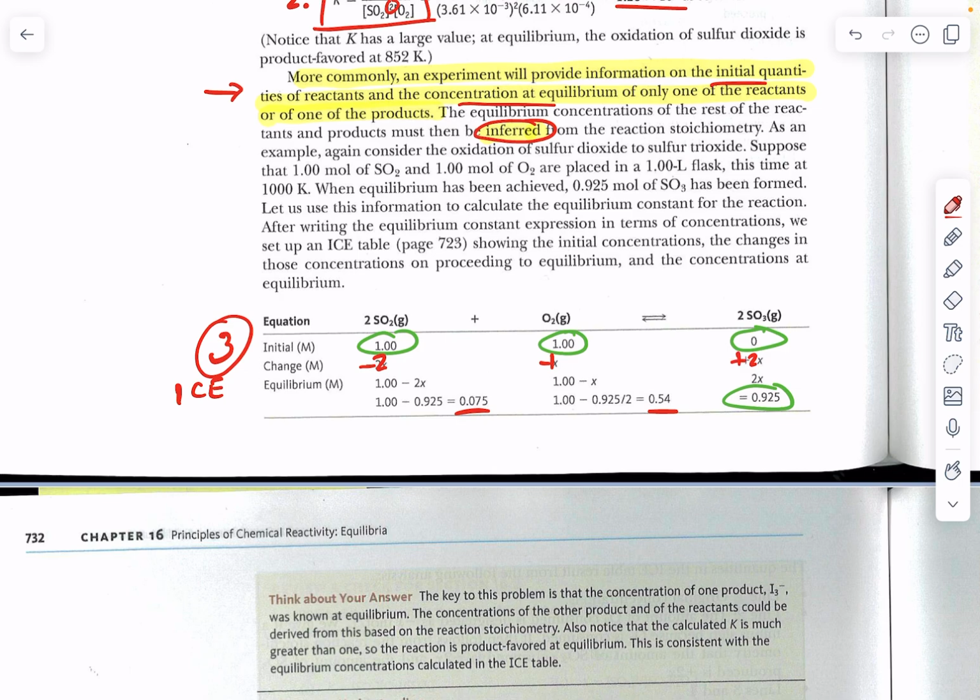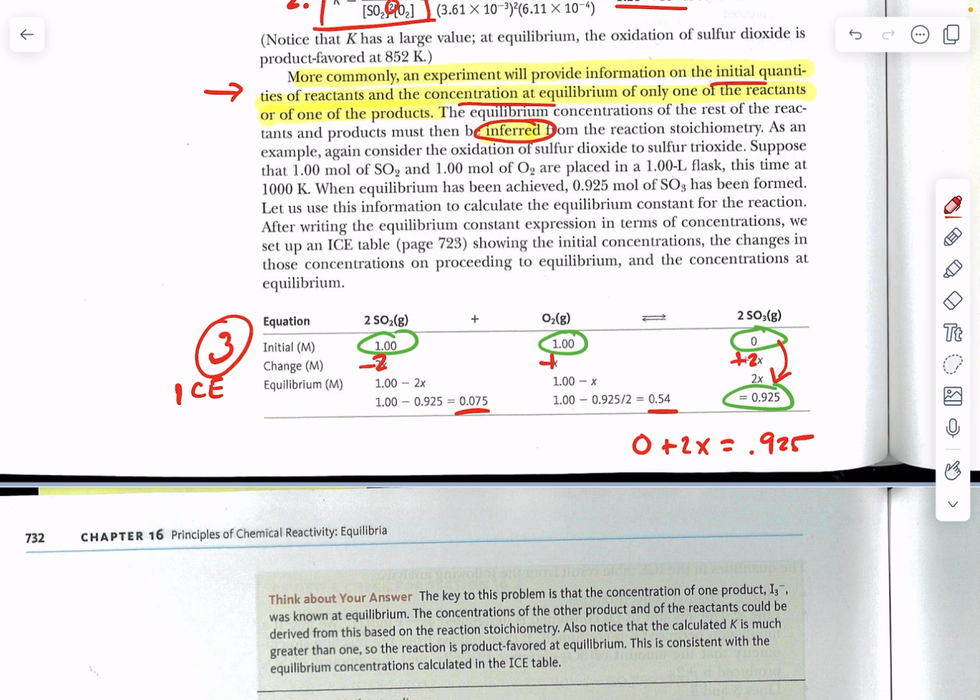And so I have an equation here that 0 plus 2x has got to equal that value, and that's a very simple equation. In other words, what we're saying is 0 plus 2x equals 0.925, so my value of x is going to be 0.925 divided by 2.